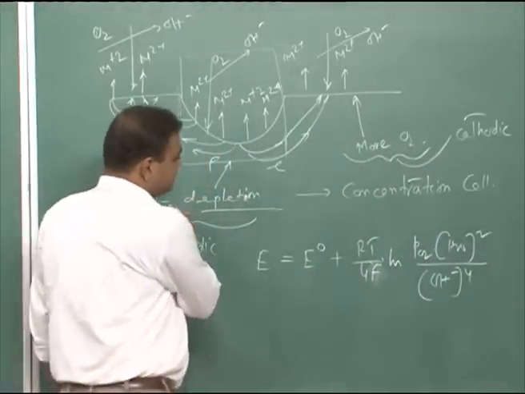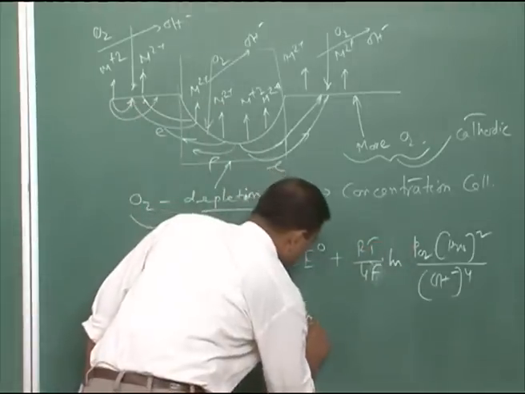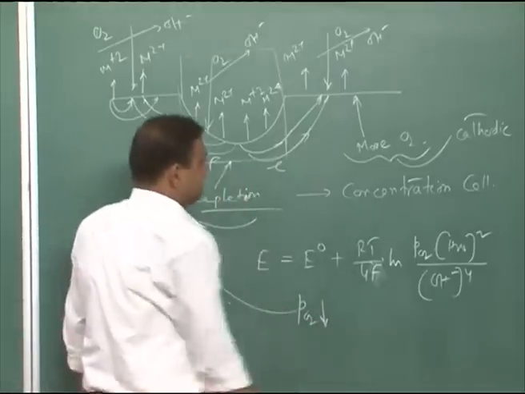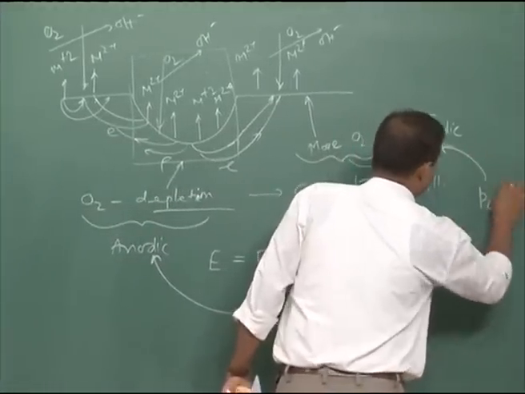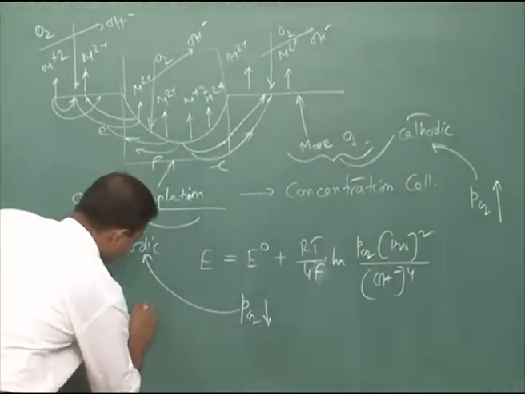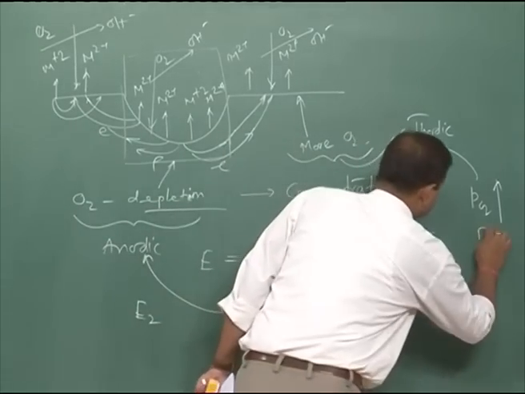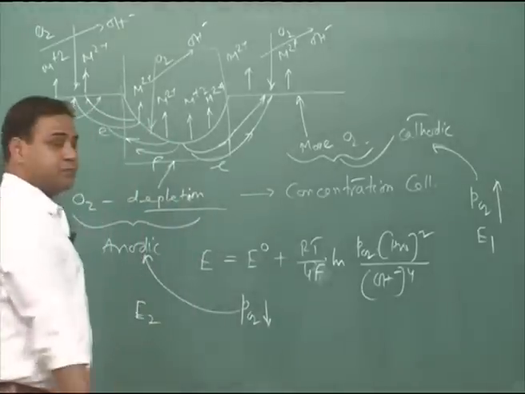Now, if you have less dissolved oxygen here, the PO2 in this case would be less, and PO2 in this case would be high. So, let me consider that the potential in this case is E2 and in this case the potential is E1. So, E1 would be higher than E2.